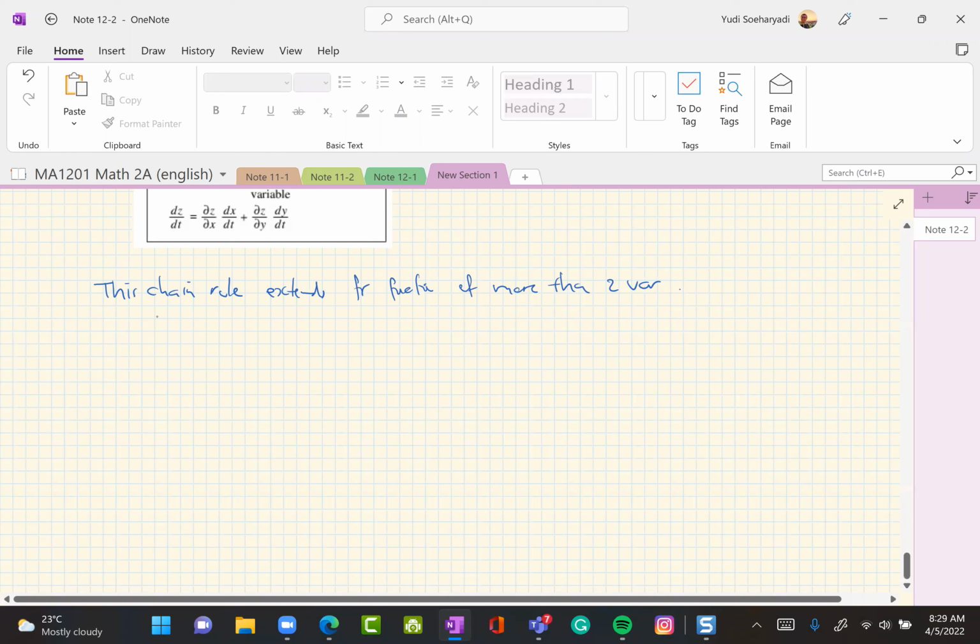For example, W is a function of x, y, and z, while x is a function of t, y is a function of t, and z is a function of t. Each of W, x, y, z is differentiable.